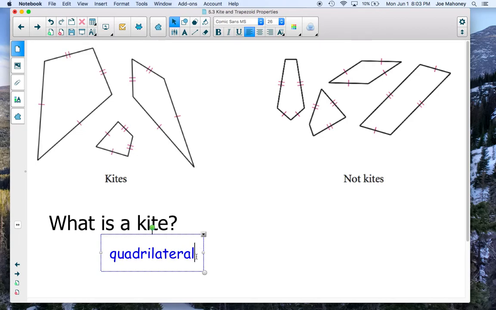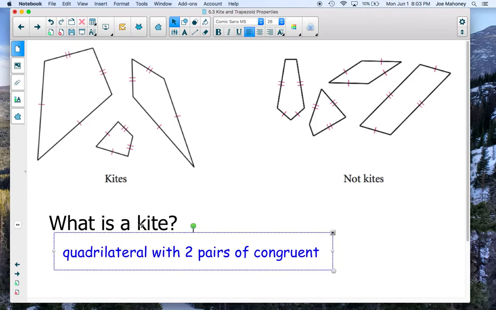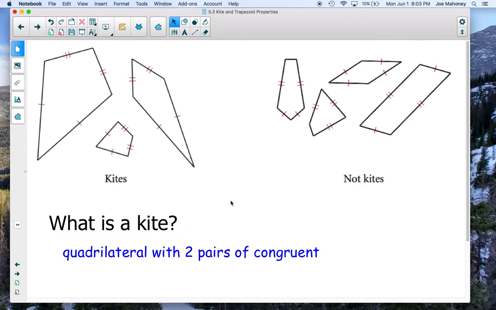It's a quadrilateral with two pairs of congruent sides. But where are those sides located? So we're going to finish this up in a second. If you notice, this is a quadrilateral with two pairs of congruent sides, but it's not a kite.